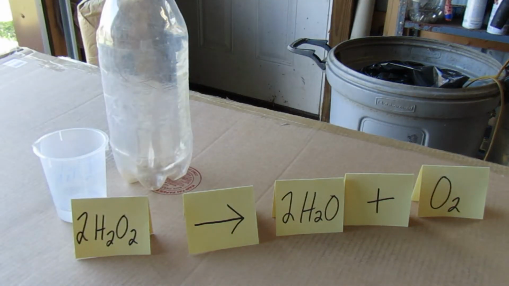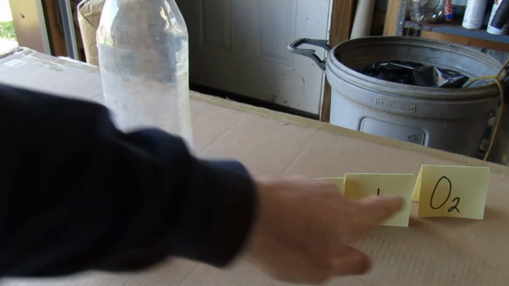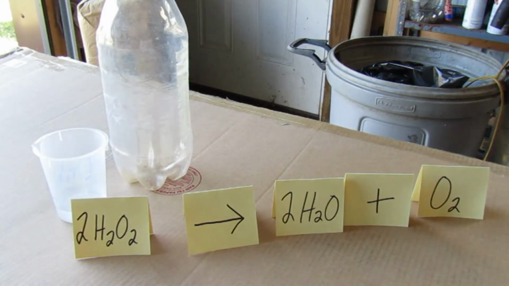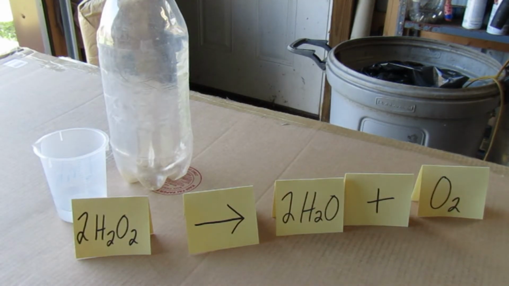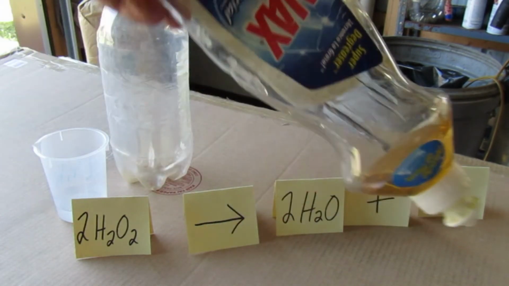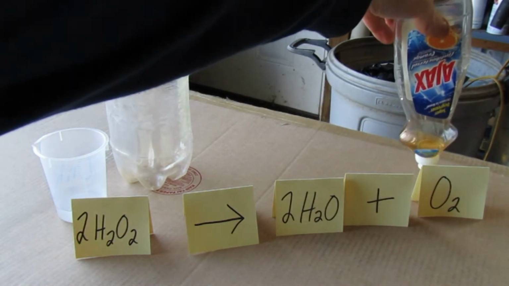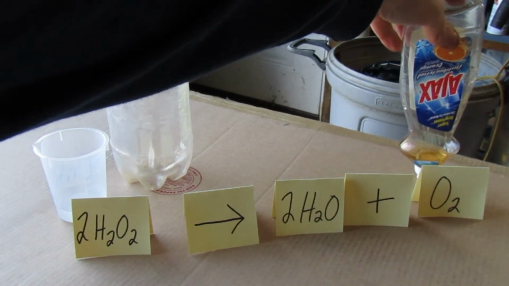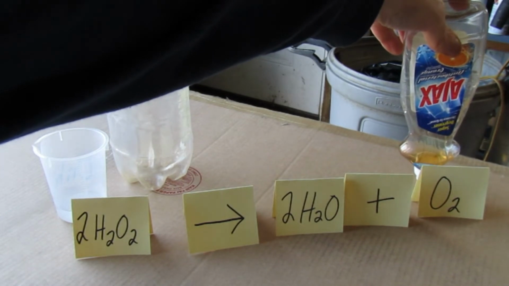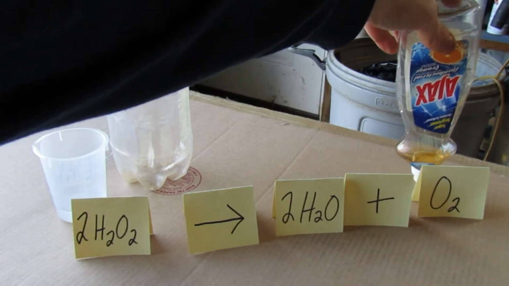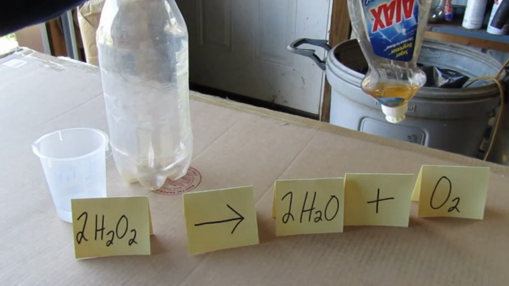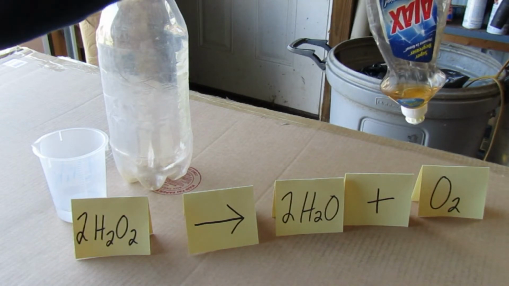In the elephant toothpaste reaction, we're basically going to try to capture that oxygen gas into kind of a helper here, and that helper is going to be dish soap. So the dish soap is going to contain that oxygen gas that we produce after the reaction. And catching all of that oxygen creates a ton of this so-called toothpaste.